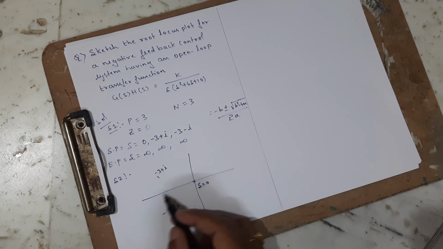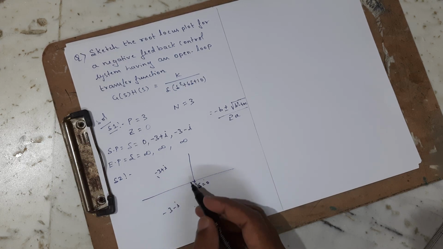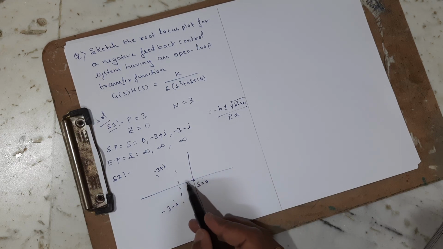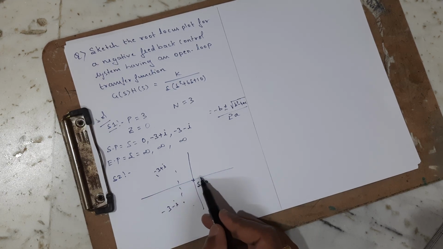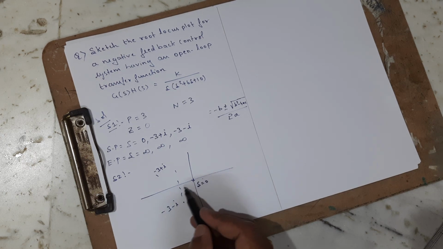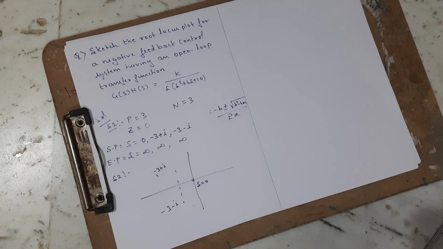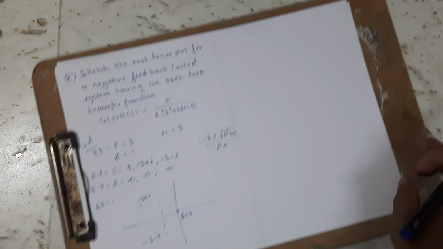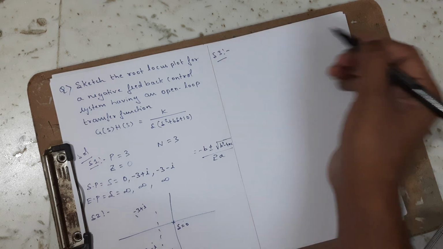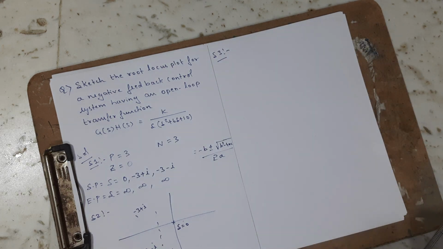We are going to find the roots on the real axis. So if I draw the axis, root locus is possible anywhere on this x-axis. That is the prediction.